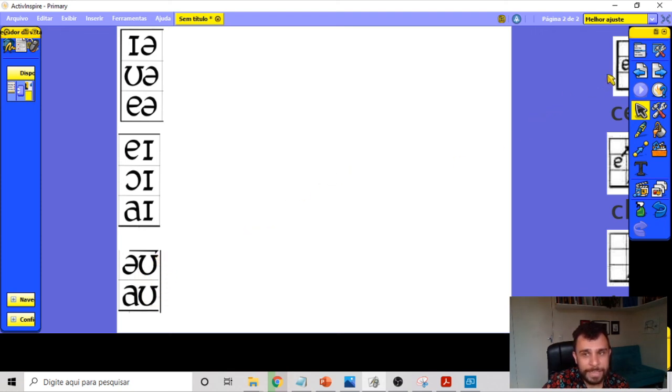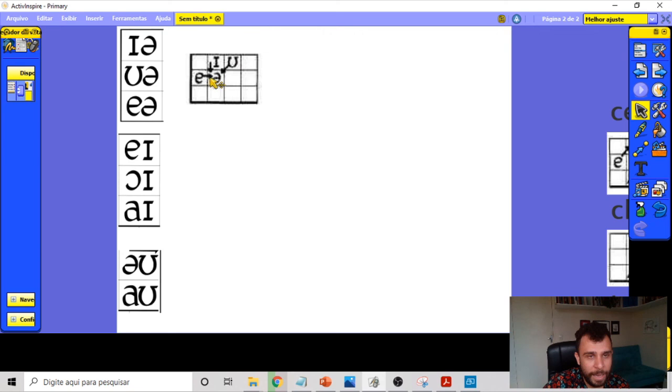In the first case, all of the diphthongs end with the schwa. They start different, but then they move towards the central part of the chart. These are centering diphthongs.